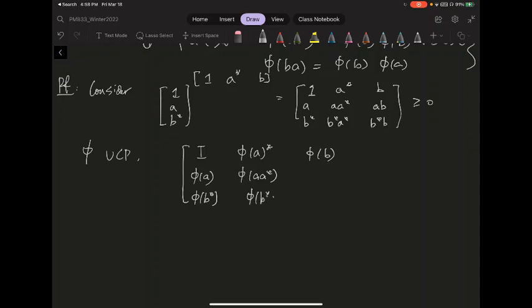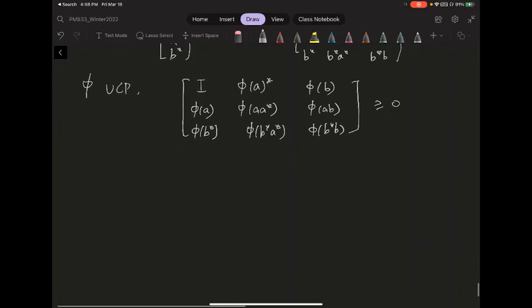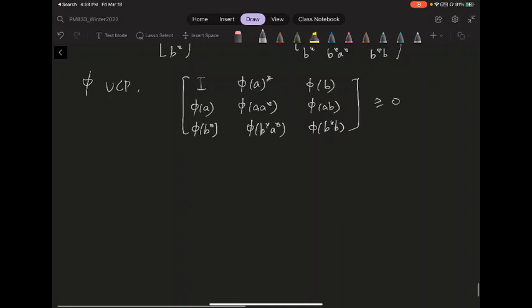Let's just write phi of B star A star, phi(AB), phi of B star B. So this matrix is going to be positive. This is a 3x3 matrix, but we can break it as a 2x2 operator matrix.